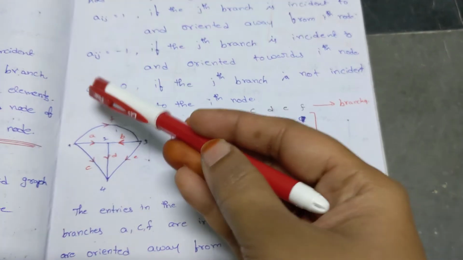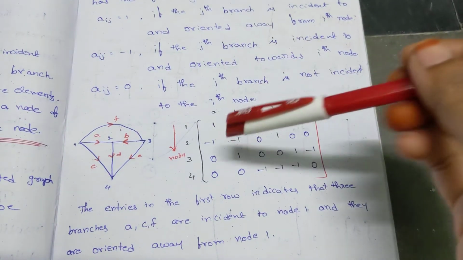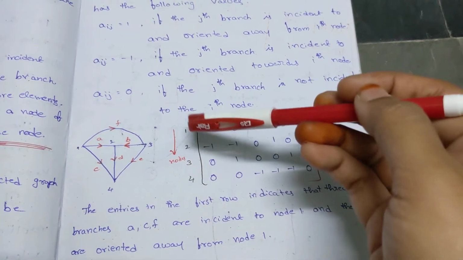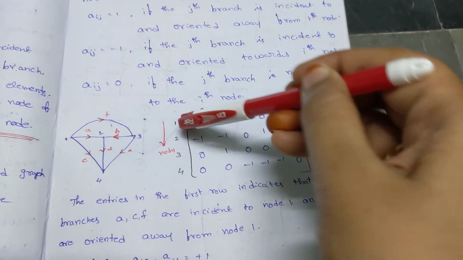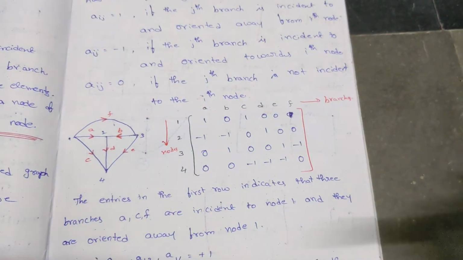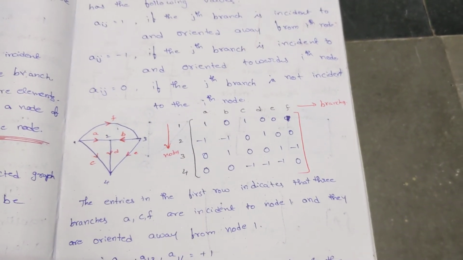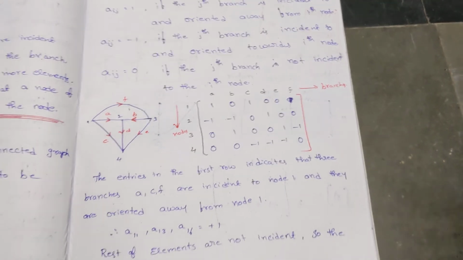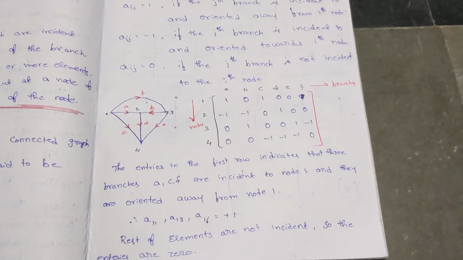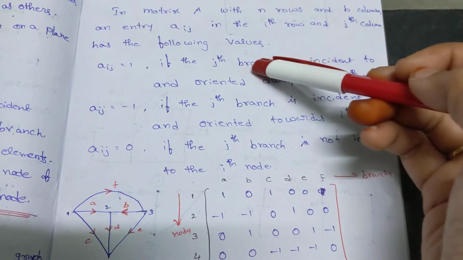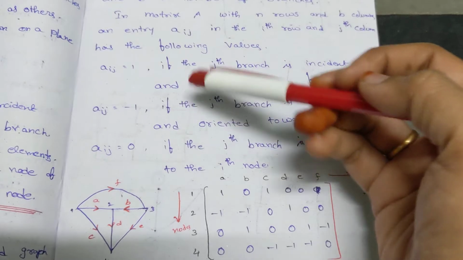So for each element, we check whether that branch is incident on your node, and if it is incident, whether the orientation is towards or away from your node. Based upon that we are writing. So finally we are giving these rules for the elements of your incidence matrix.